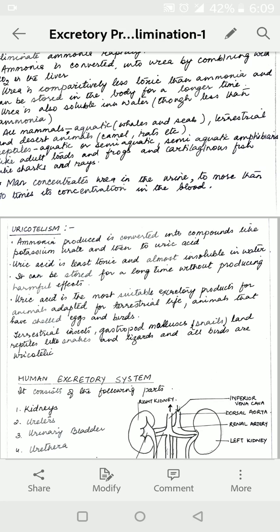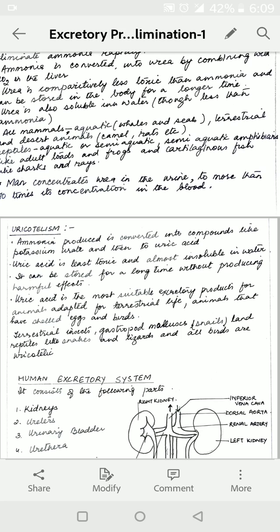And again, in this process, a large amount of energy is required, even more than that required for conversion of ammonia to urea. So conversion of ammonia to uric acid needs a lot of energy.